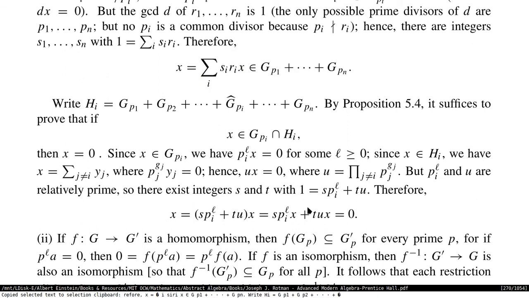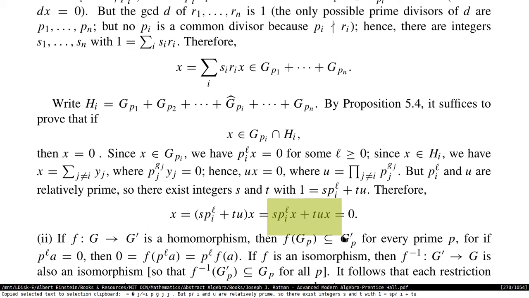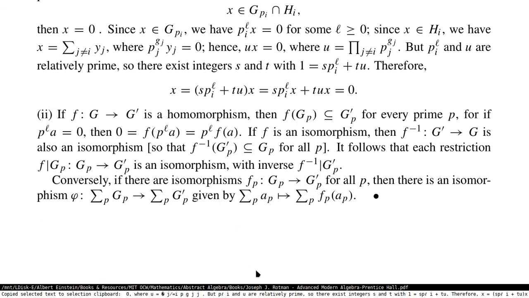So x is this, x is equal, so you multiply this whole thing with x: x is equal to spi to the l plus tu, this times x, that is equal to spi to the l x plus tux, and this is equal to 0 because this is equal to 0, as here pix is in the p primary components, and same for ux, they are all in the p primary components, and thus everything vanishes, you get 0, and thus you've proved the first part of the theorem. Give me a second and let me take a breath.